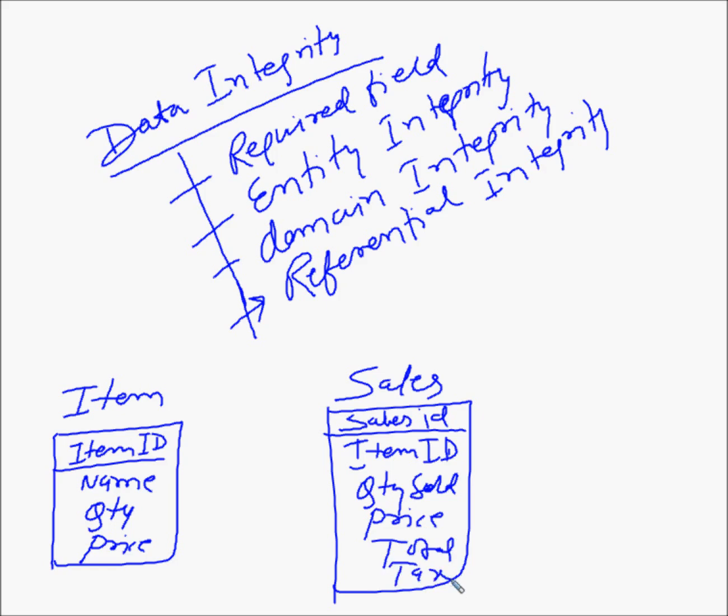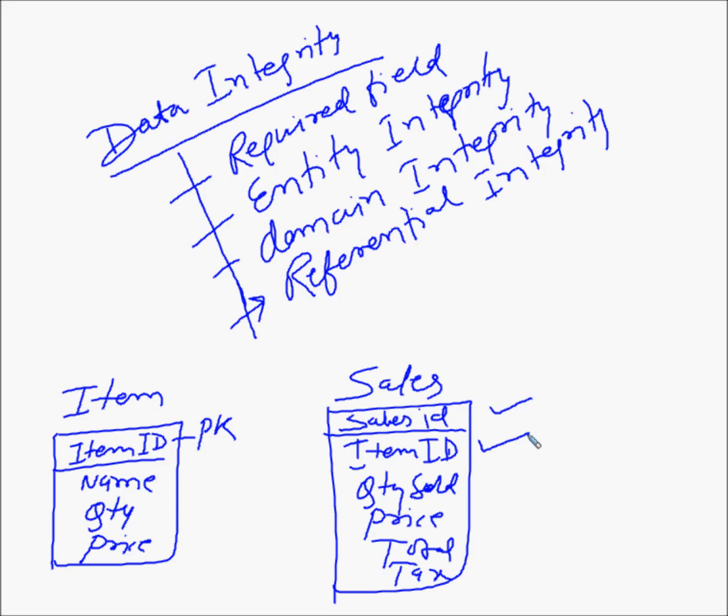Okay. So what we are doing here, let us say I make a primary key here. So I have 100 items, and I'm maintaining them in an item table. These items I want to sell now. So if I'm making sales ID 001, I have to enter what item I'm selling. So here I can enter only the item which is existing in my item table. How can we relate it?